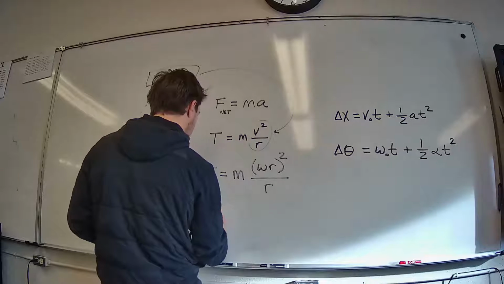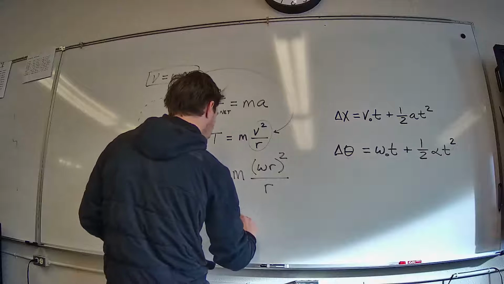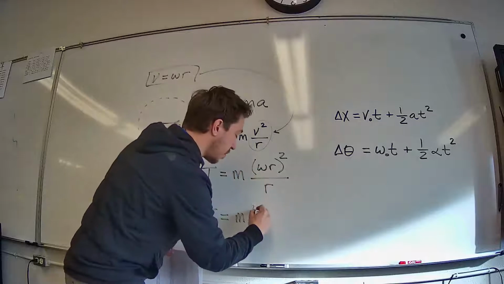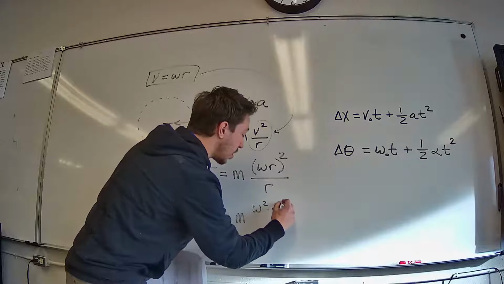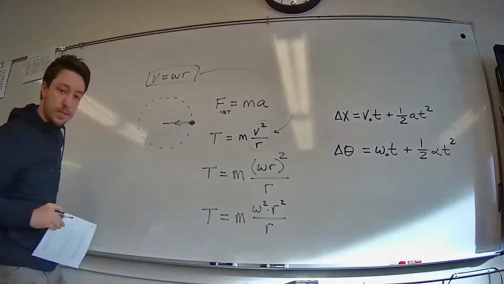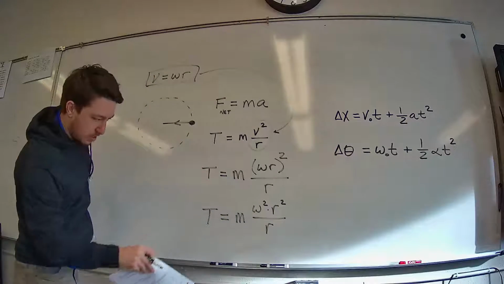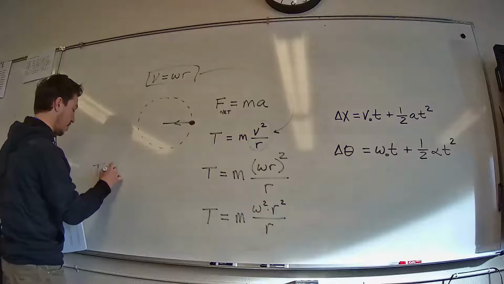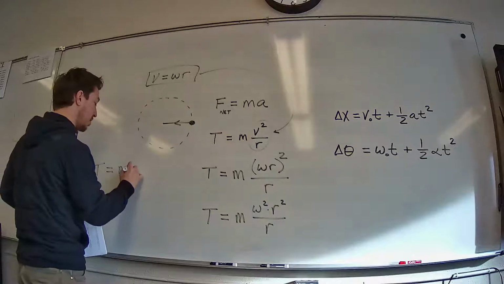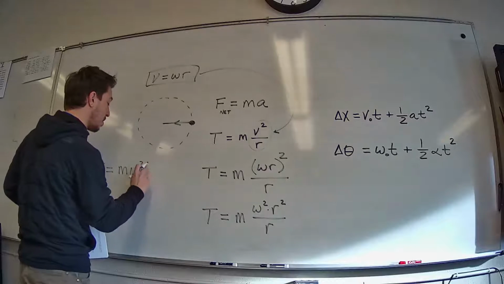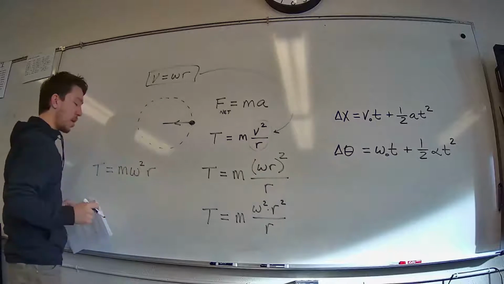So what's this going to look like? On top, we have omega squared times r squared, and on bottom, we have r. What's going to happen to those? It turns into omega squared times r. So you have mass times omega squared times r.